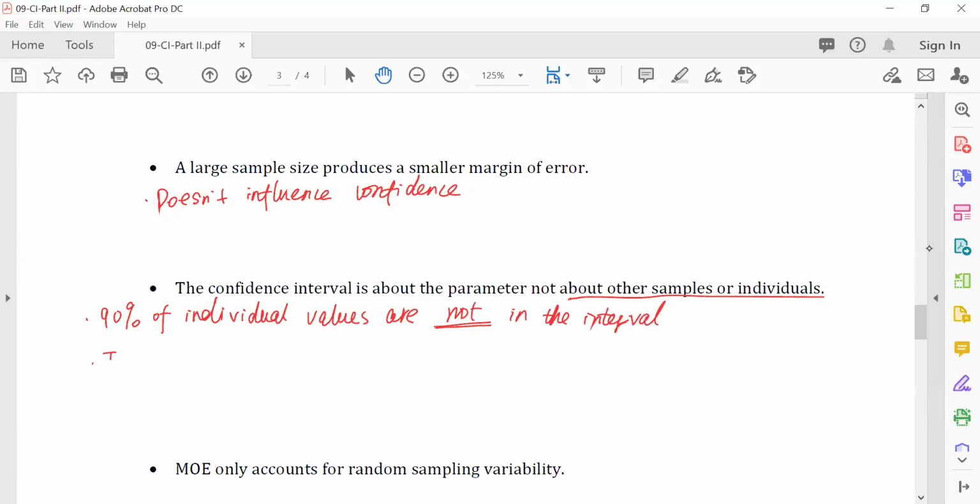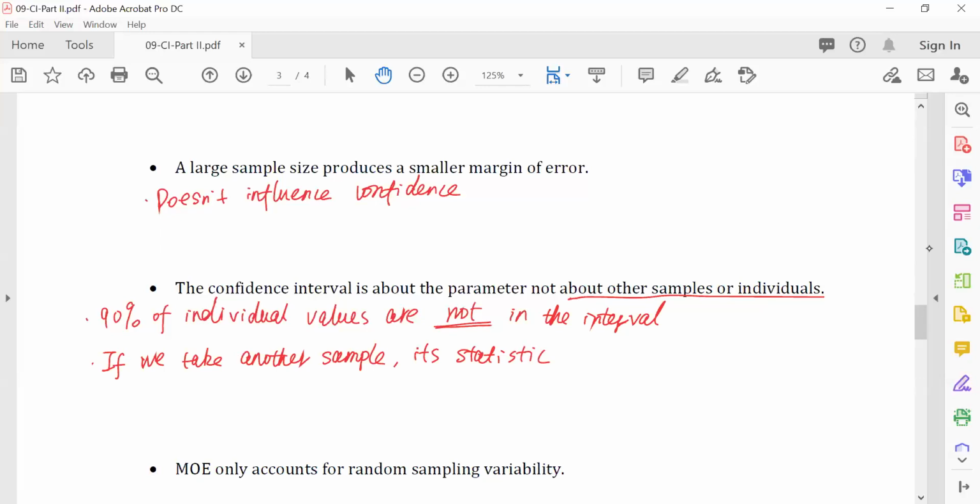It is, if we take another sample, its statistic may not fall into this interval, right? Because each time you collect a sample, you are having a different confidence interval.